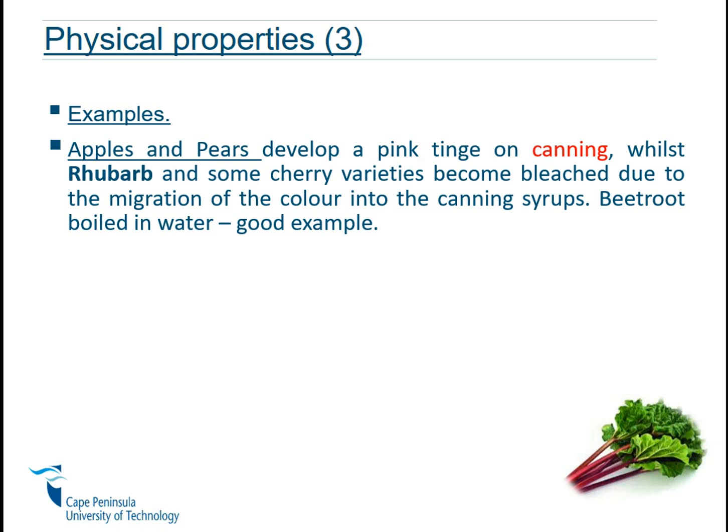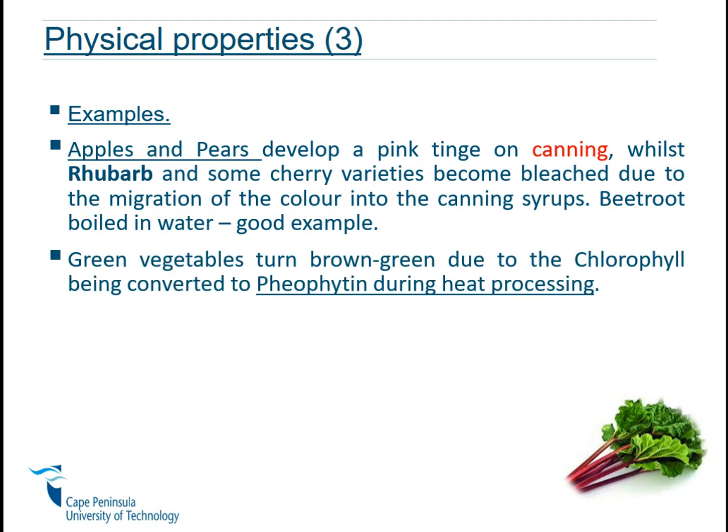Another important example that we can make is that of green vegetables, right, which turn brown green due to the chlorophyll. You remember we spoke about chlorophyll in the section of fruits and vegetables. We said under heat processing, this color pigment, which is chlorophyll, is converted to pheophytin during heat processing.